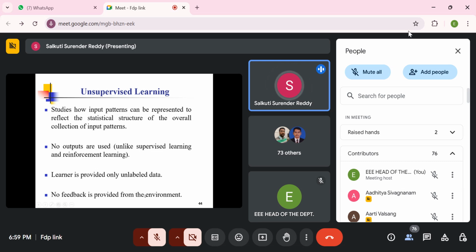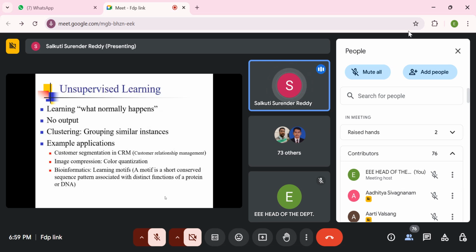No feedback is provided from the environment. That means we don't give any feedback in unsupervised learning. We use clustering techniques, that means grouping similar instances or similar things.